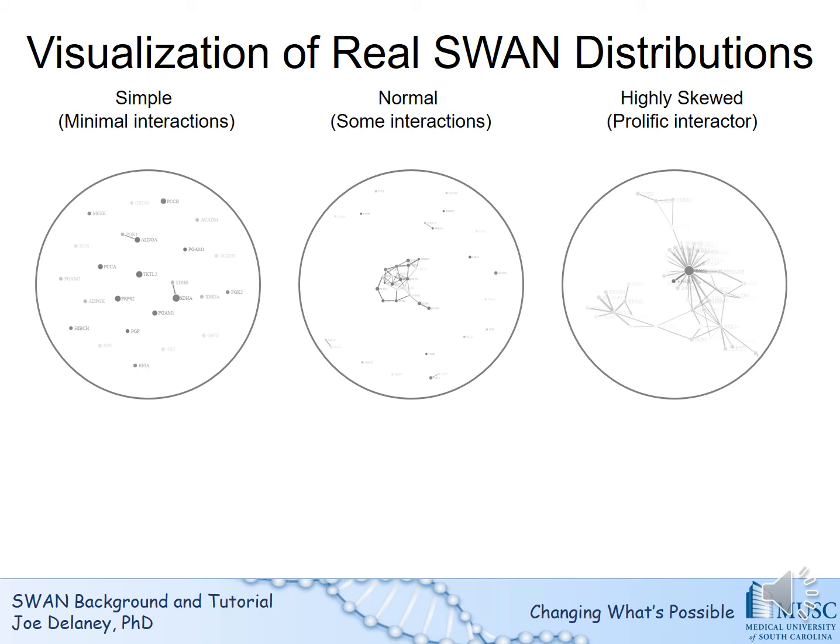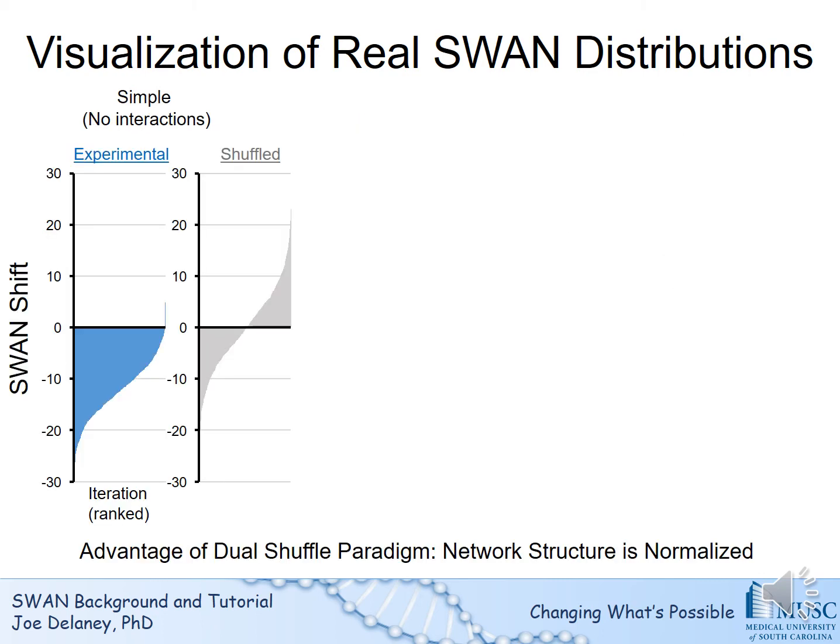And so we've discussed, there are different network distributions for each individual pathway. And the goal is we want this SWAN pathway analysis to be applicable to any of these different types of networks. And so I just wanted to show you how these shuffling aspects actually turn out in terms of the distribution of how the shifts are produced.